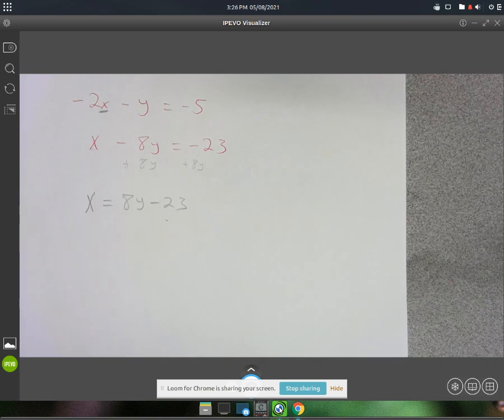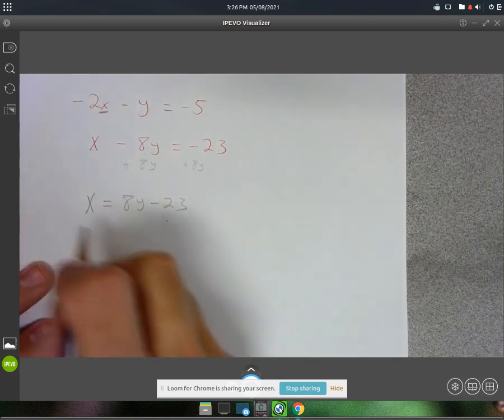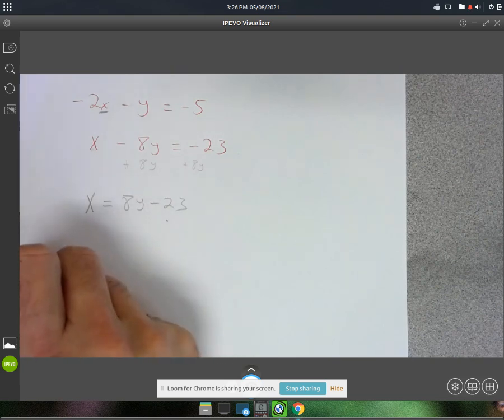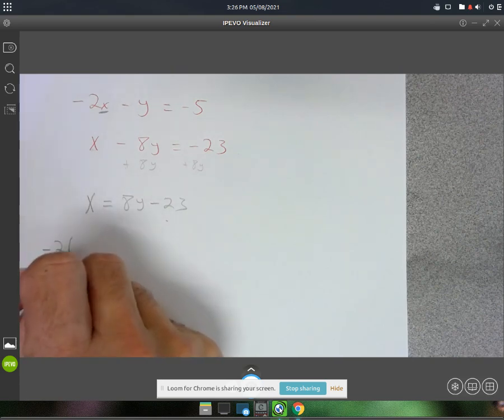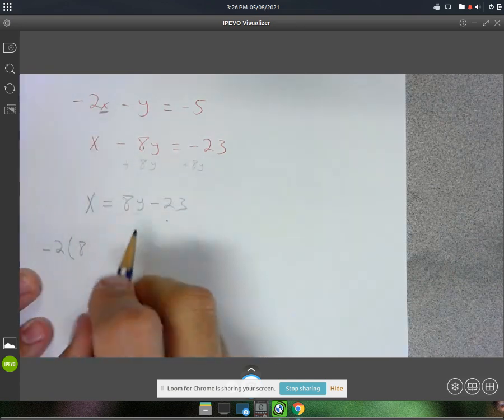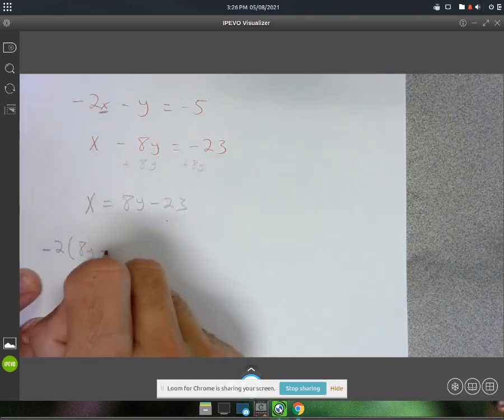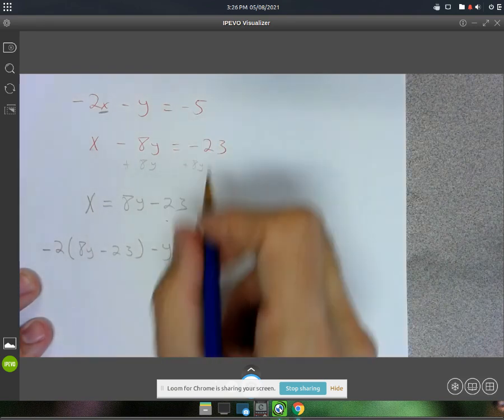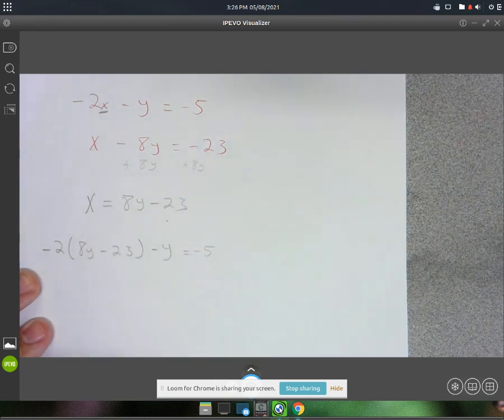So it does kind of look a little messy, but it's logical. It all works out, actually. Negative 2, but then we're going to replace that x with an 8y minus 23, minus y equals negative 5.